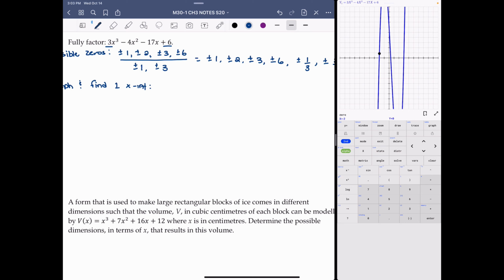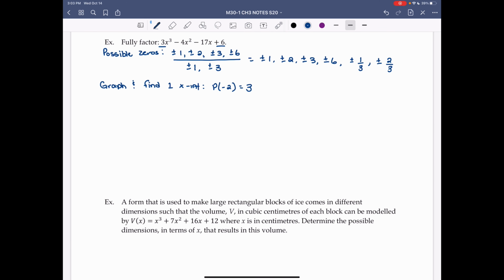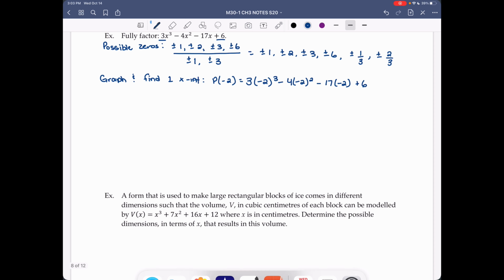So then P of negative 2, which equals 3 times negative 2 to the power of 3 minus 4 times negative 2 squared minus 17 times negative 2 plus 6. We'll double check to make sure that that equals 0.